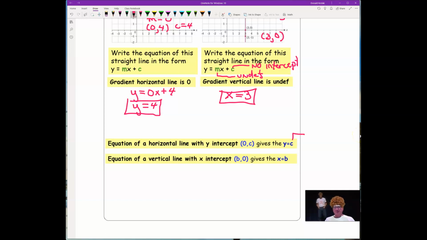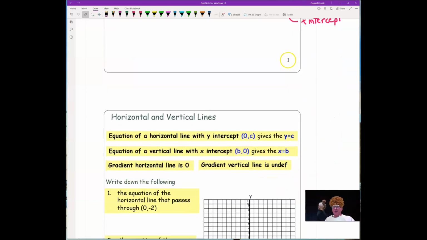So that's your y-intercept, and this is your x-intercept.